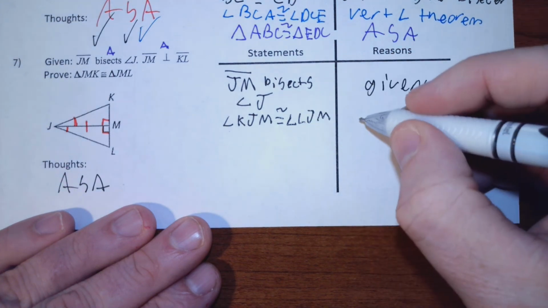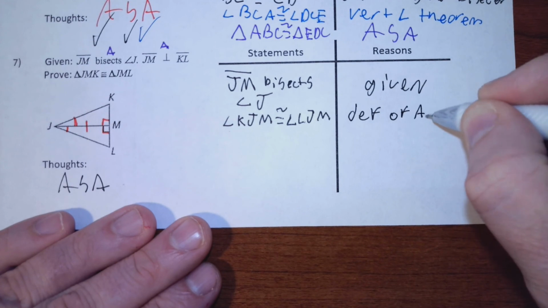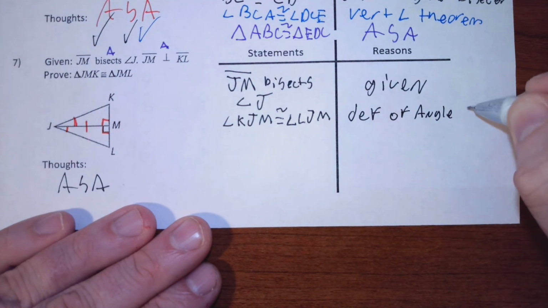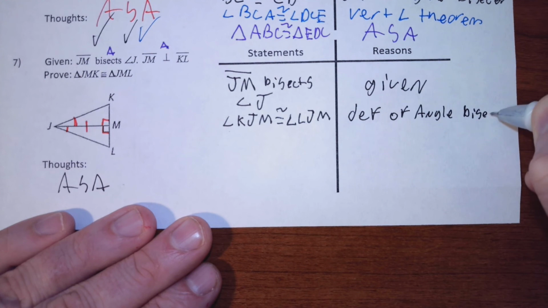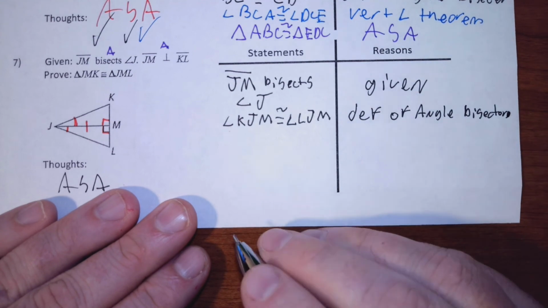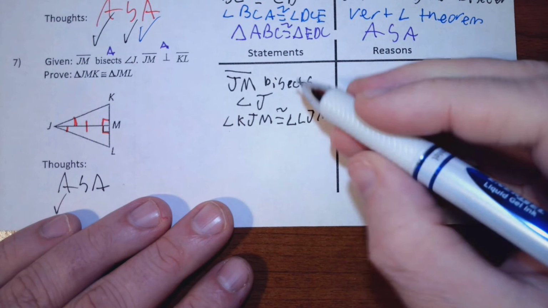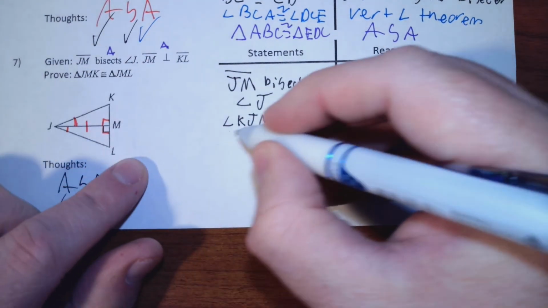And that is because of the definition of angle bisector. All right. So there we go. You got an angle. Let's do the next given.